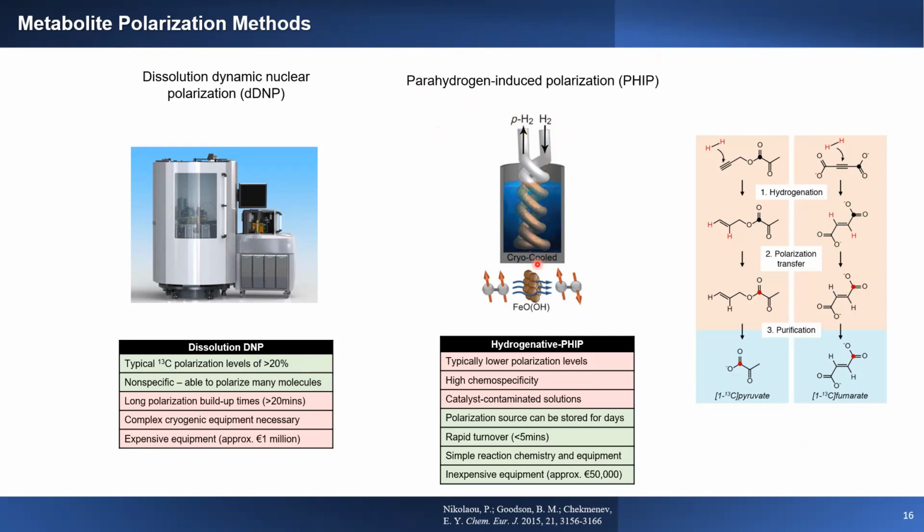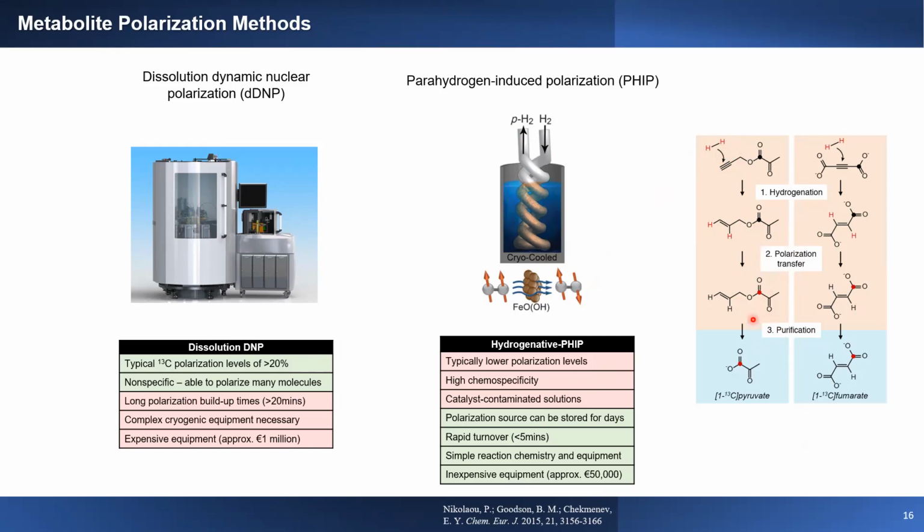Well, that's done very easily by passing the gas through a low temperature region at about 30 Kelvin. Okay, and then the hydrogen can be reacted with molecules to hyperpolarize them. So if we look at this example here, the hydrogen is brought into this molecule, it reacts across this triple bond. The polarization is then transferred from the hydrogens to a carbon-13.